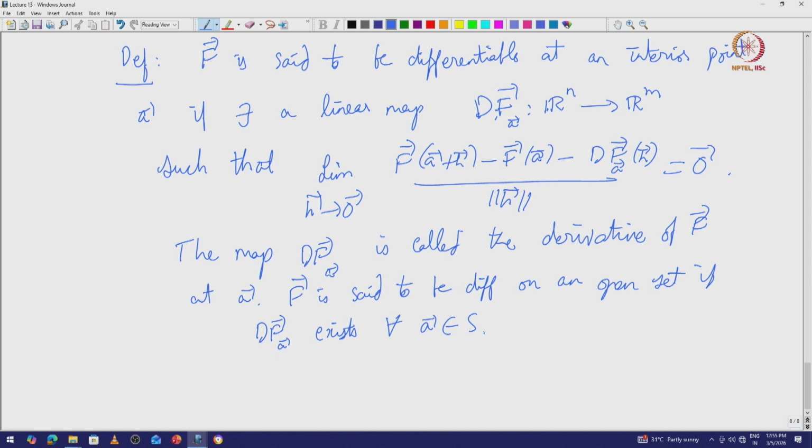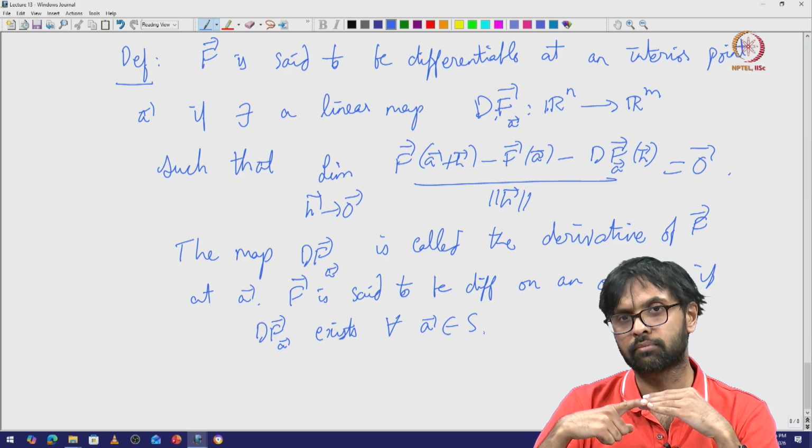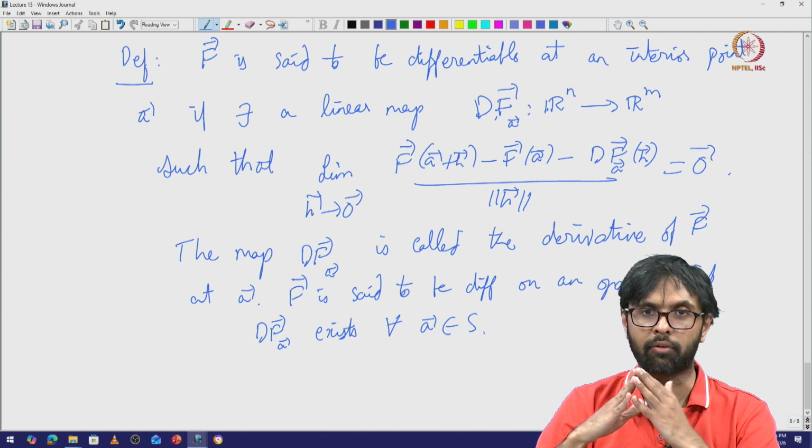So can one extend the definition of differentiability to non-open sets? Yes, one way to do it is to take some arbitrary set S, take your favorite open set containing S. f is said to be differentiable on this arbitrary set if it can be extended to the open set containing S, and it's differentiable on this open set, right? So that's one way to define differentiability.